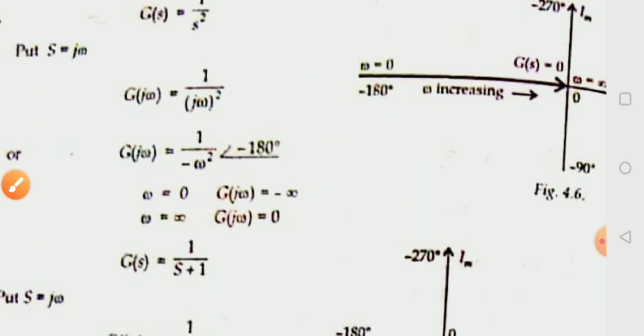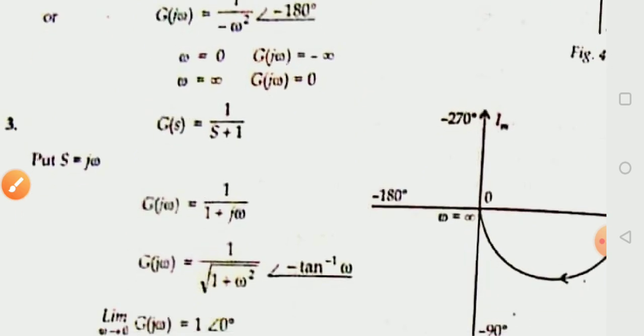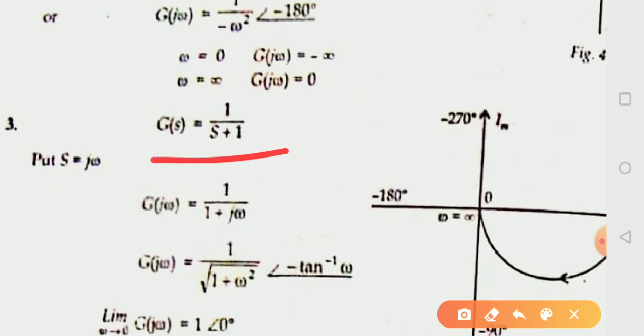Okay, now the next function is G(s) equal to 1 over s plus 1. So at first we put s equal to j omega. So this is our open loop transfer function. Here H's value is 1 because it is a unity feedback.